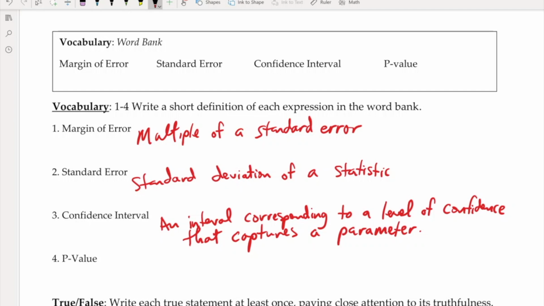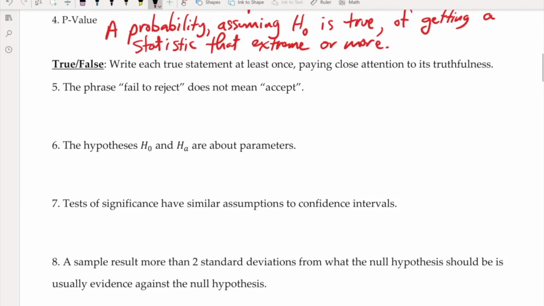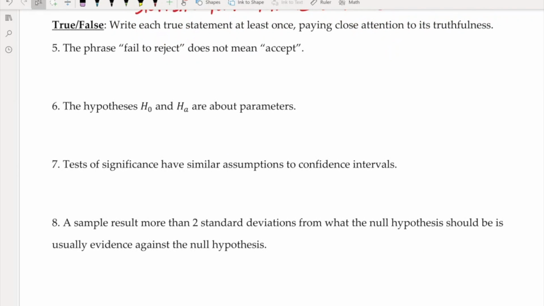And finally, a p-value is a probability, assuming the null hypothesis is true, of getting a statistic that extreme or more.